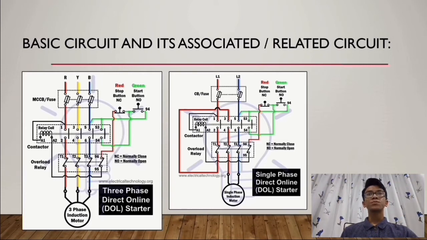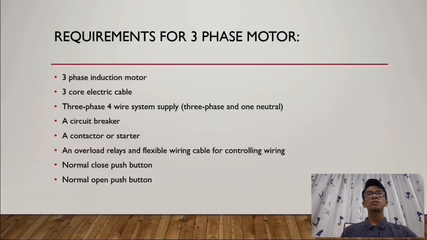The requirements for the three-phase motor are a three-phase induction motor, a 3-core electric cable, a 3-phase 4-wire supply system, a circuit breaker, a contactor or starter, an overload relay, and flexible wiring cable for control wiring. Then a normally closed push button, and the last is a normally open push button.